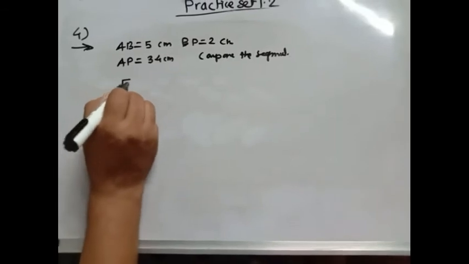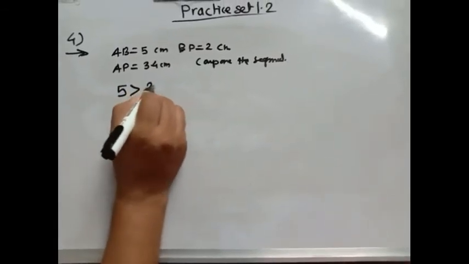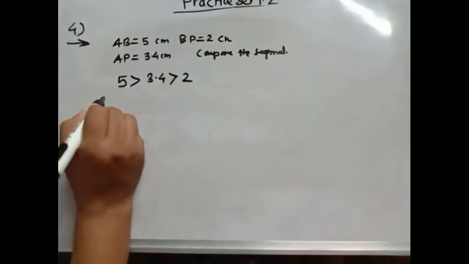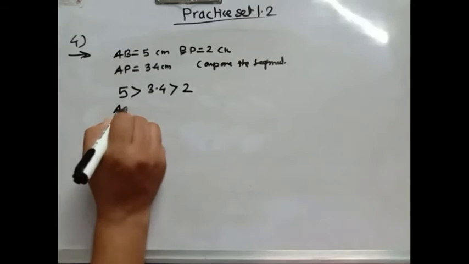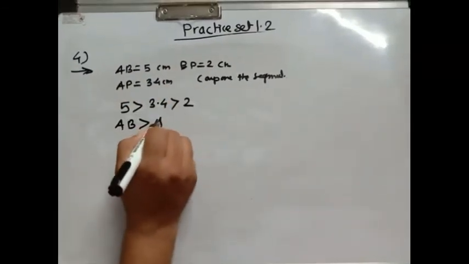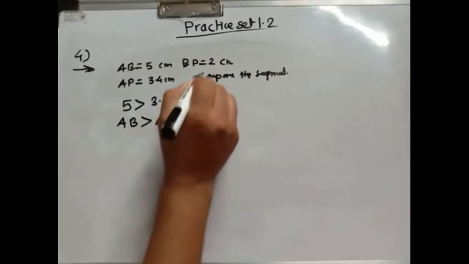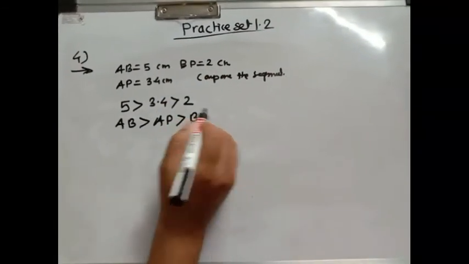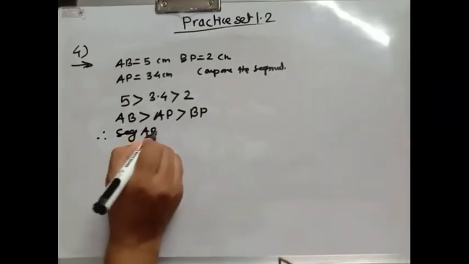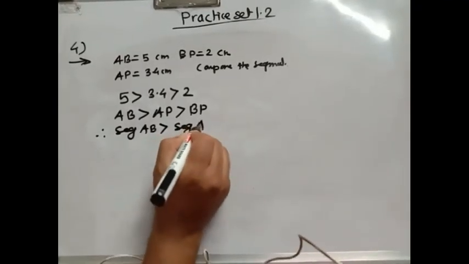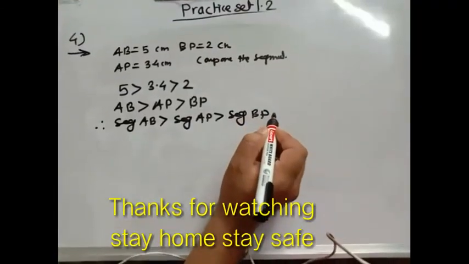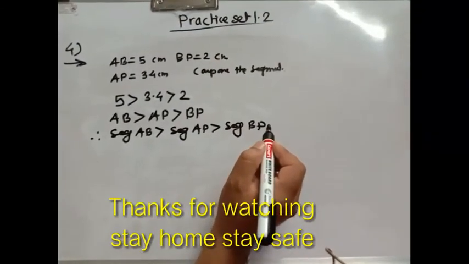We know very well 5 is greater than 3.4, and 3.4 is greater than 2. So AB is greater than 3.4 for AP, which is greater than 2 for BP. So we can write that segment AB is greater than segment AP, which is greater than segment BP. This is the fourth question.